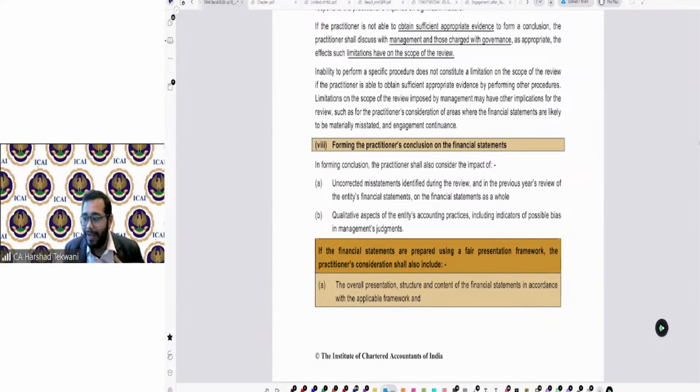Then I need to understand whether the disclosures provide an understanding of the material transactions or events that have happened, and appropriately convey them in the financial statements.